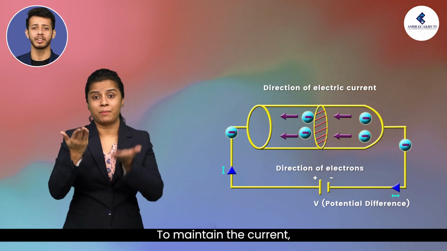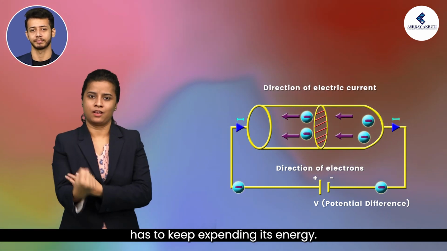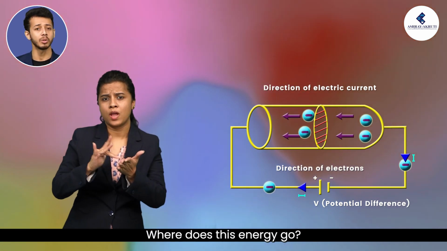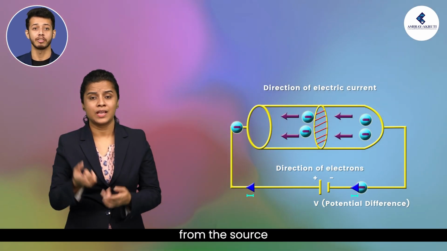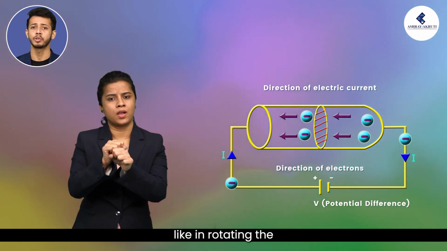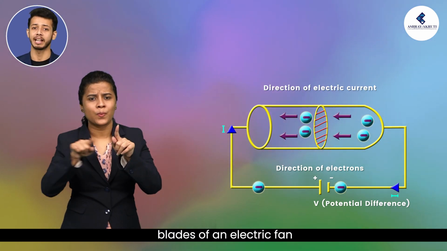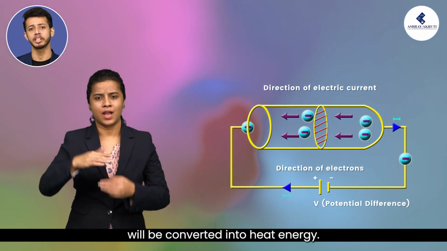To maintain the current, the source has to keep expending its energy. Where does this energy go? A part of the energy from the source can be converted into useful work, like in rotating the blades of an electric fan, and the rest will be converted into heat energy.